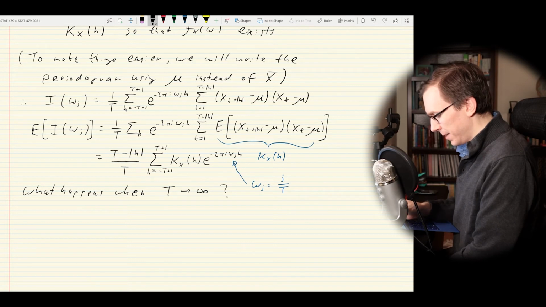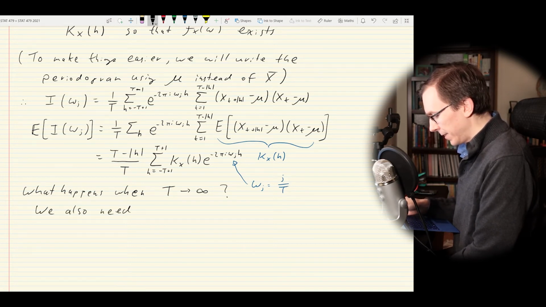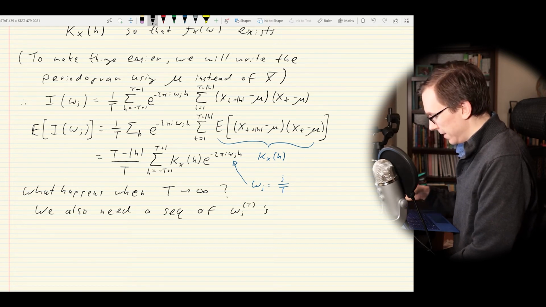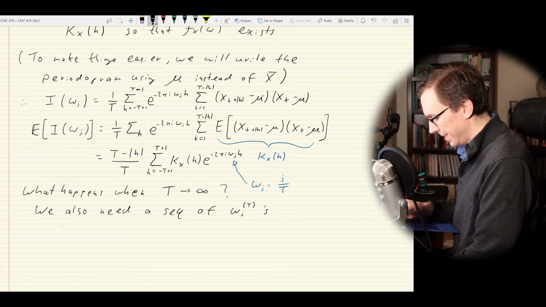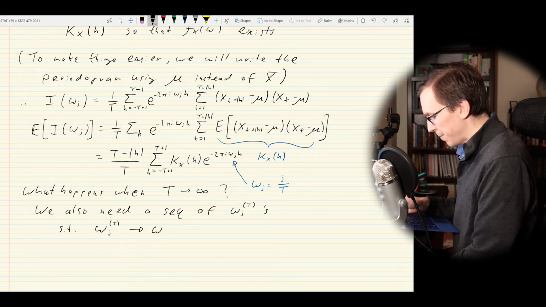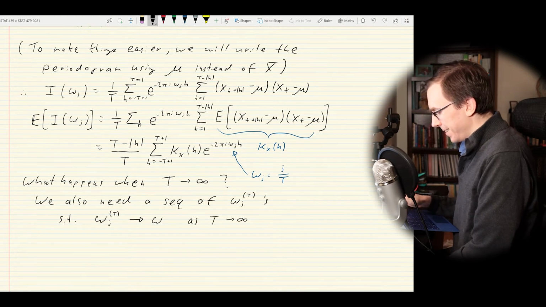So the point is, we also need a sequence of omega j t's such that omega j capital T tends to some fixed omega as t goes to infinity.